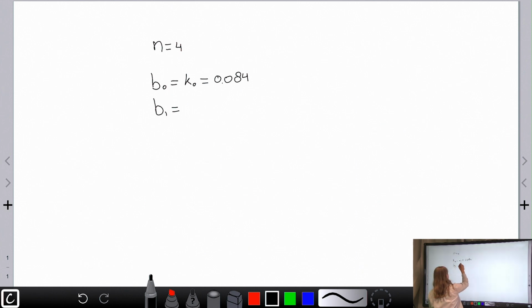This is going to be the divided difference between K1 and K naught, which can be calculated with this expression, K1 minus K naught over T1 minus T naught.